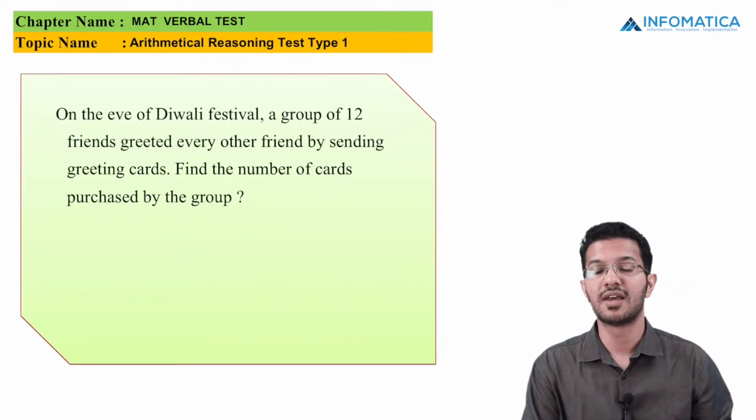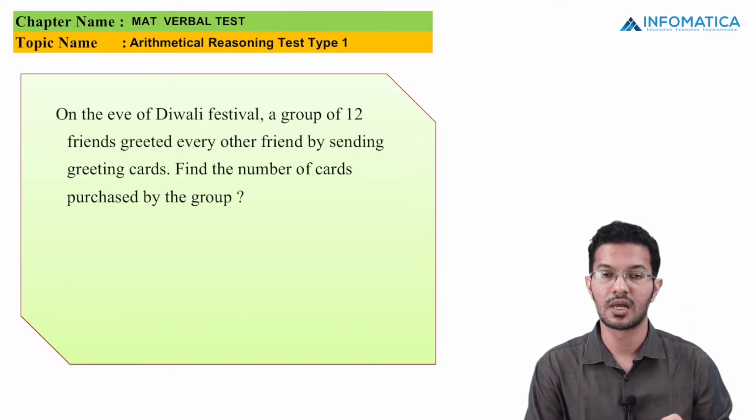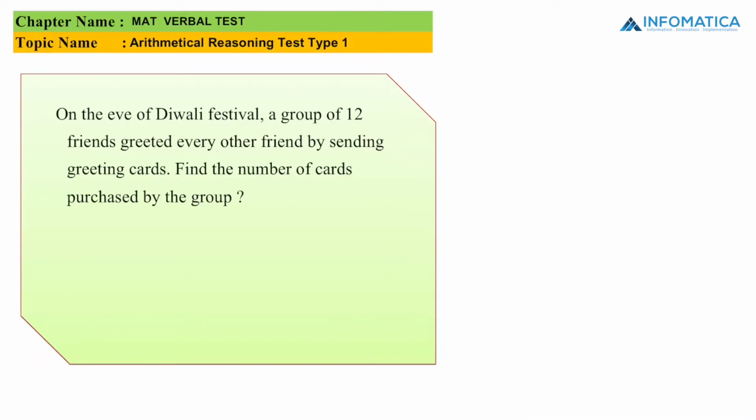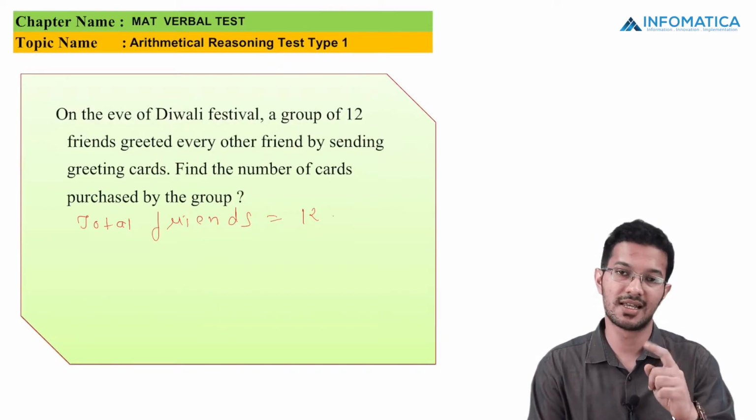So students, we are having the total number of people here as 12. So each person will purchase 11 cards for the 11 friends. Thus, each friend will purchase 12 minus 1, that is 11 cards.